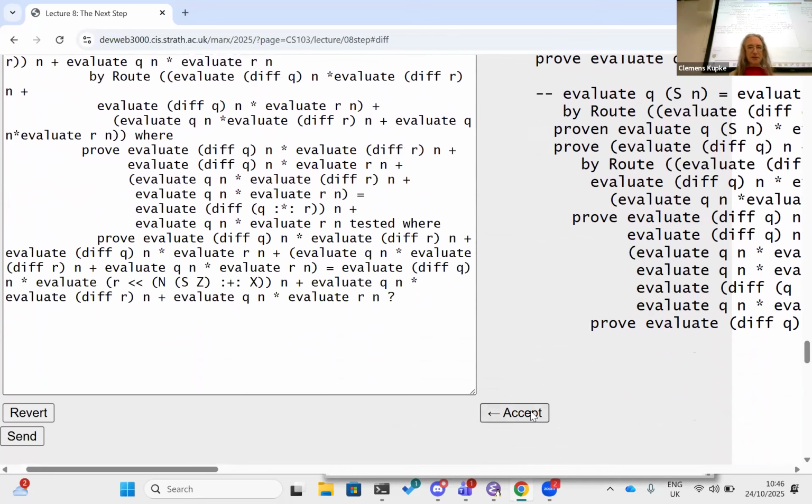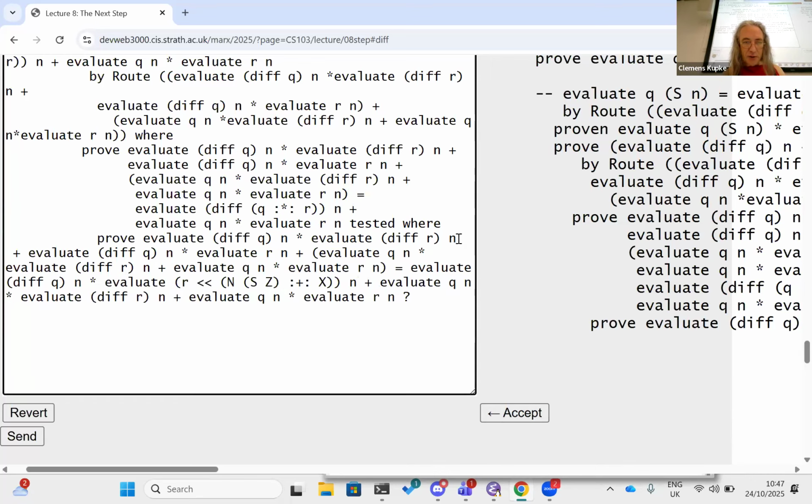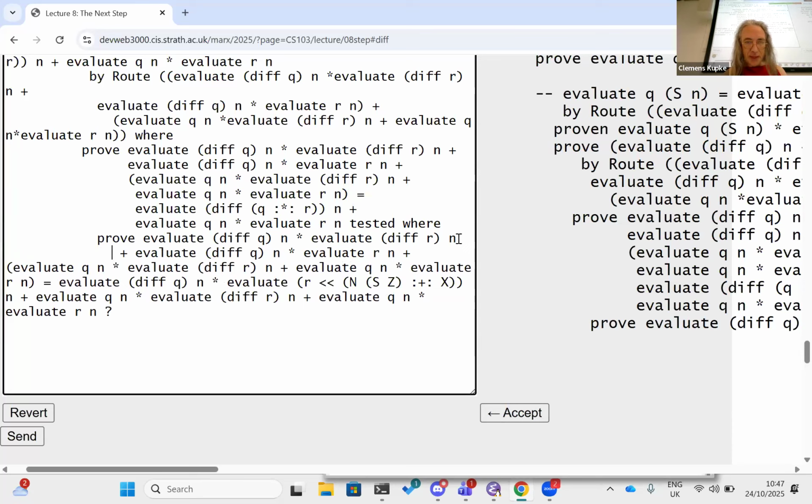So what's happened is not a lot. The test that we ran to expand the definition of diff has not come out straight away, so I still have a bit of work to do. Let's see if we can get a look at what's happening.